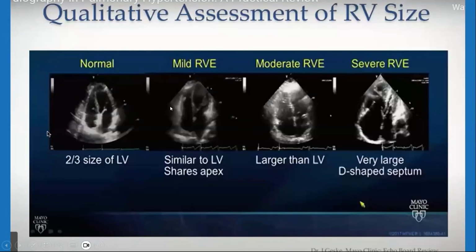So when you are looking at it, you will see whether the RV has also started forming the apex. That means it is getting bigger and bigger. So this is how it is categorized: mild enlargement, moderate, and severe. When it becomes larger than the LV and the septum becomes D-shaped. So this is how you roughly keep assessing.